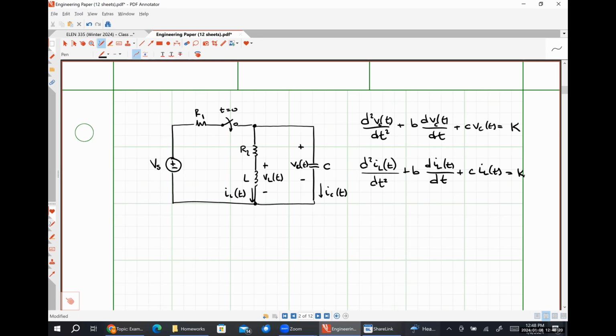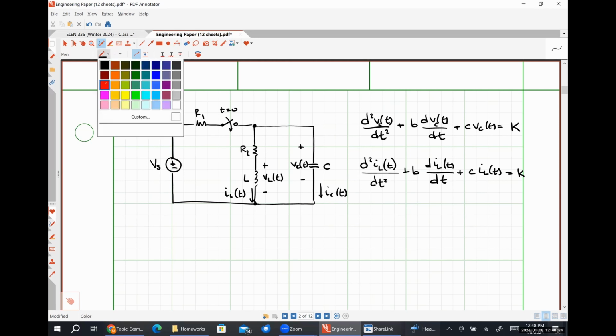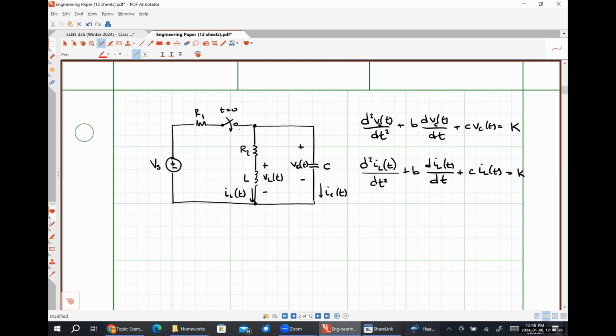So I might write a Kirchhoff's current law equation. So something like this. Let's say I have this current flowing in, this current flowing out, and this current flowing out.